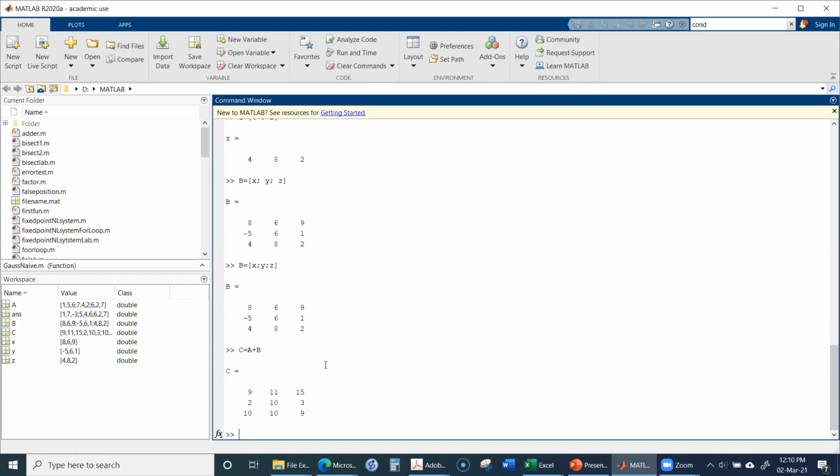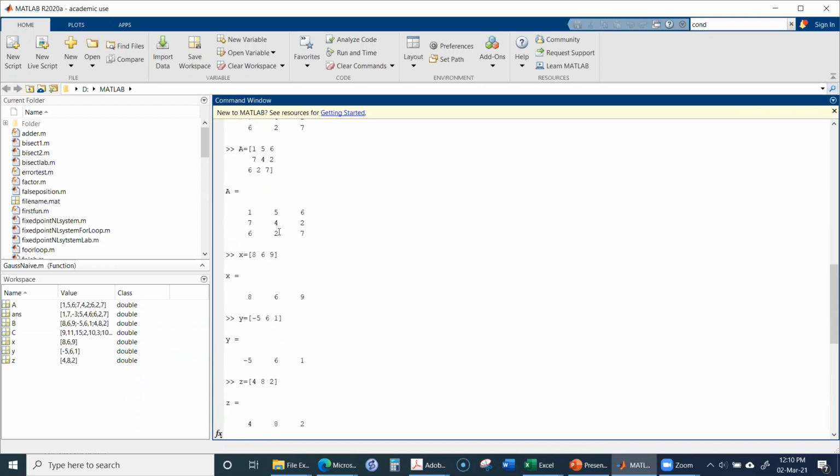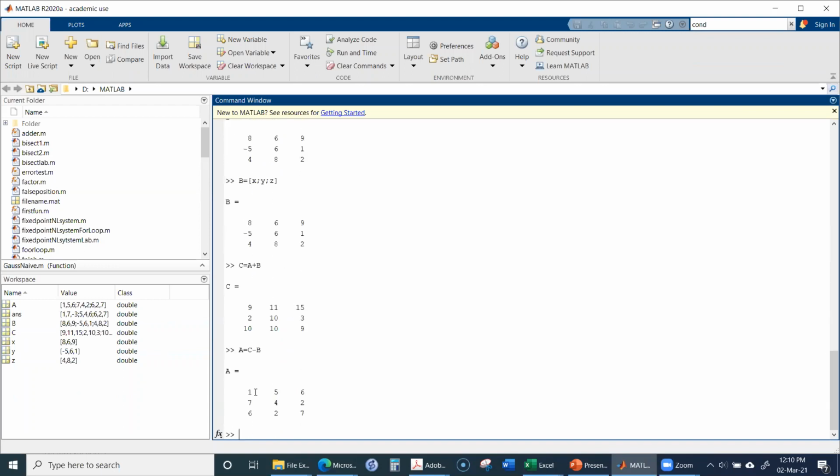So if C is equal to A plus B, then A is equal to C minus B, from the matrix properties we know that. So if we want to get A, we have to subtract B from C. So A is equal to C minus B, and we will get back A, 1 5 6, 7 4 2, the same as over here.